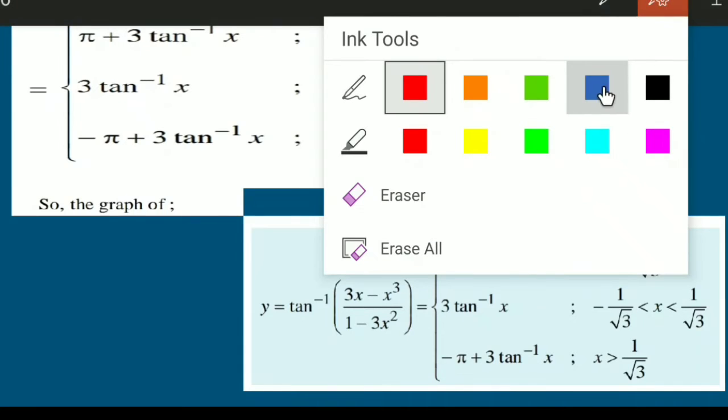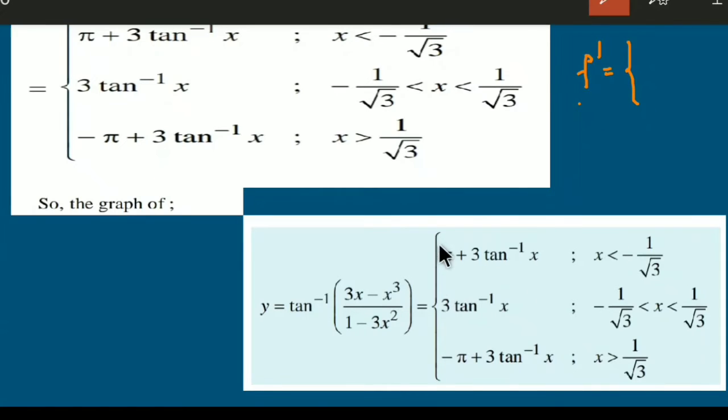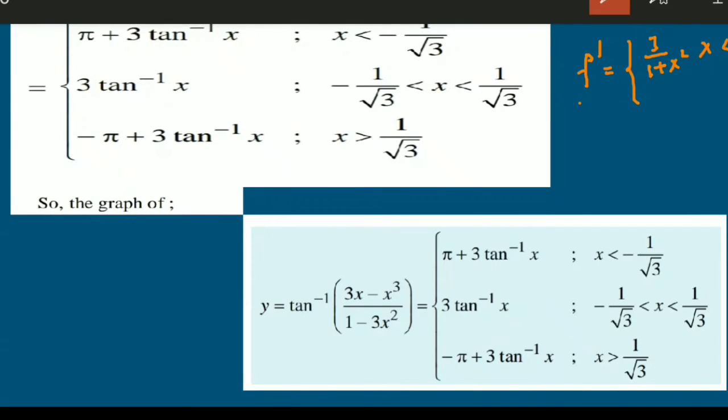If we differentiate for this part, then f dash will become, differentiation of pi is 0, and differentiation of 3 tan inverse x is 3 upon 1 plus x square, and this is under the condition when x is less than minus 1 by root 3, okay.